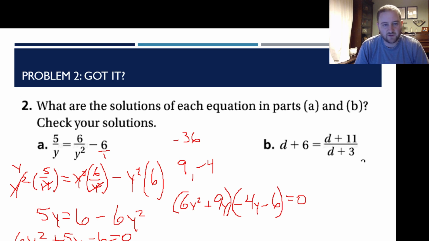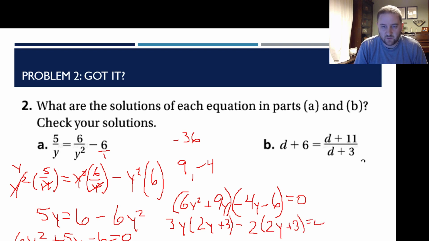In the first group I can pull out a 3y, and I'm left with 2y plus 3. In the second group I can pull out a negative 2, and I'm left with 2y plus 3 equals 0.